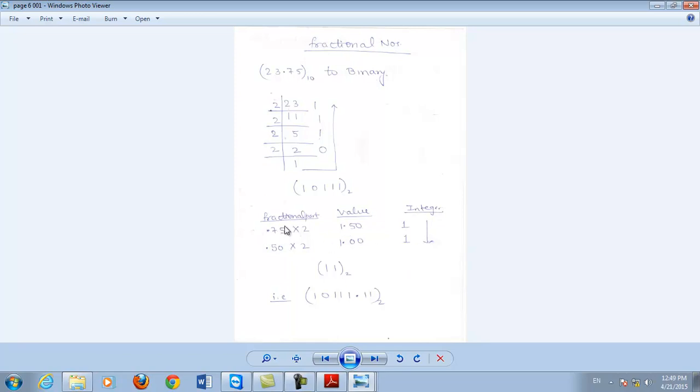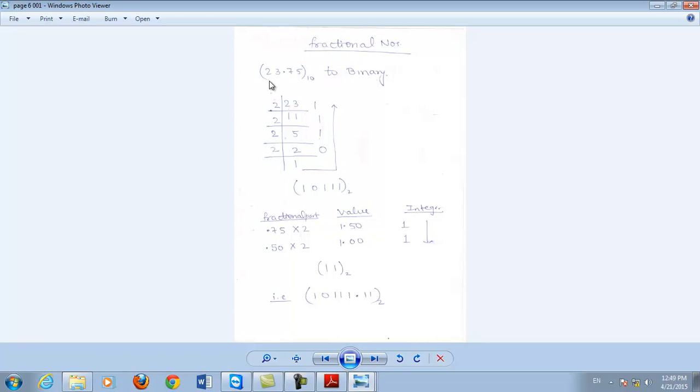If there is any other value, you can continue, and if it does not reach 00 at the third and fourth place, then you can drop it there, but you have to put dot dot dot in the answer, because the calculation is not completed yet. This is the process for fractional numbers.